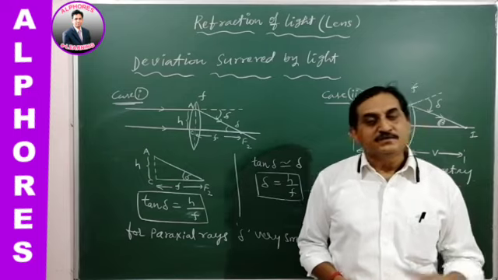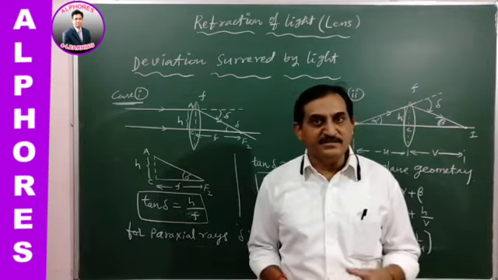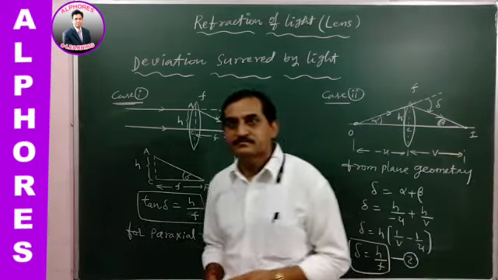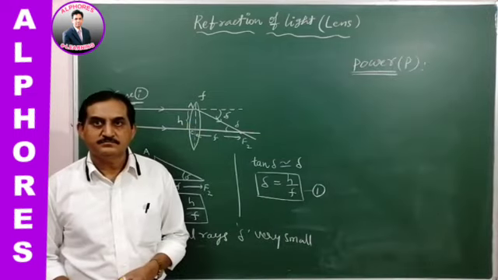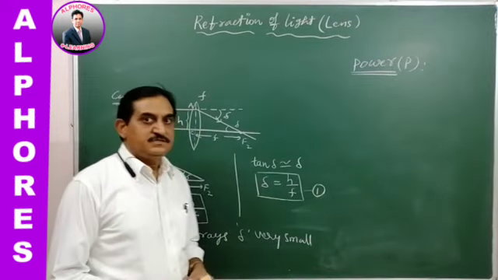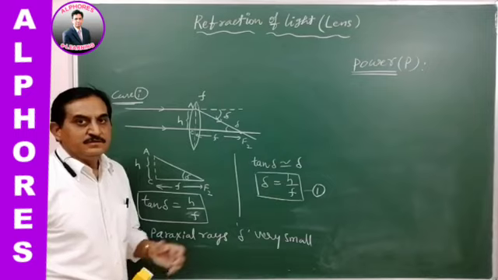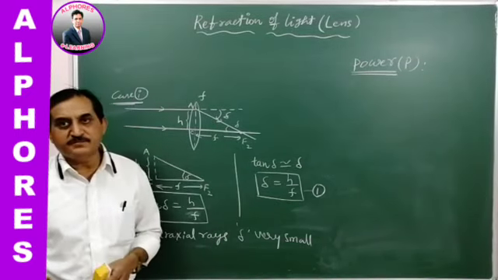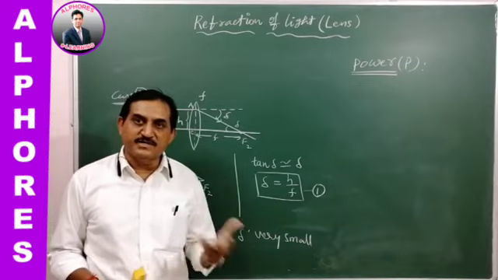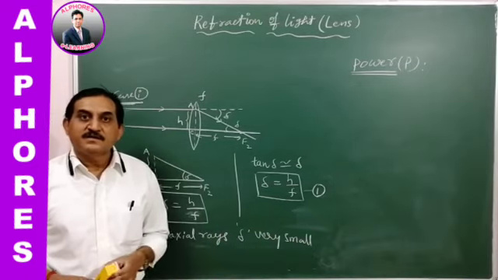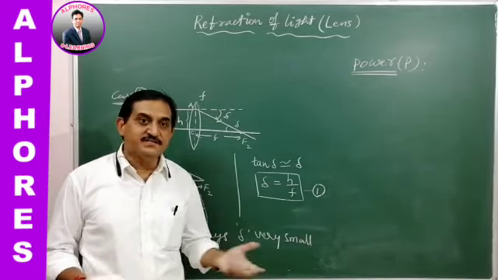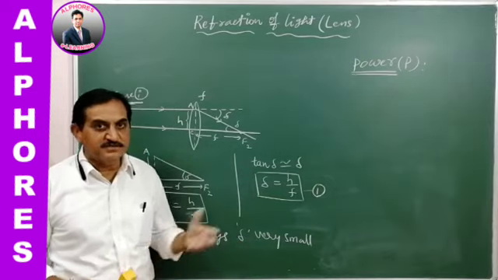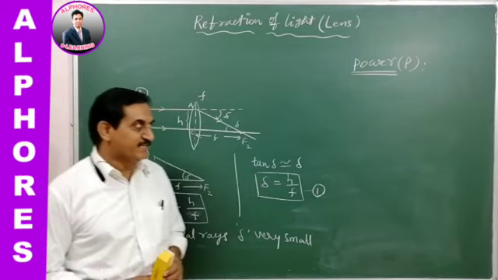Let us see how we can find the power. Power is a measure of the ability of a lens by which how greatly the light rays converge or diverge when the light is refracted through the lens.